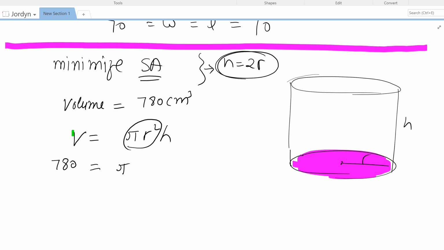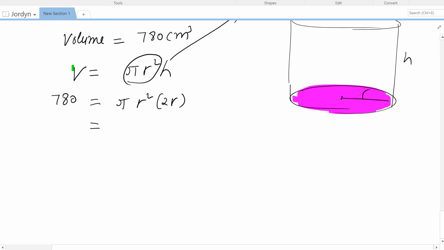So I substitute h equals 2r, and I get pi r squared times 2r. I replace this h with its value. Good? Now the next thing, we solve it. So pi 2 goes at the front, and r times r squared is r cubed. So 780 equals 2 pi r cubed, now we divide both sides by 2 pi, and the 2 pi cancels.